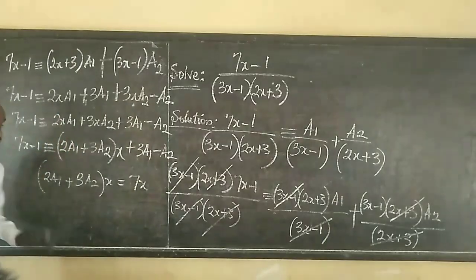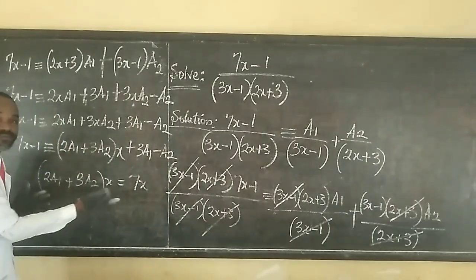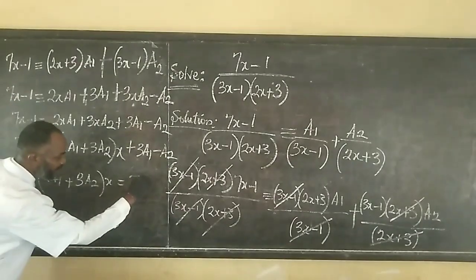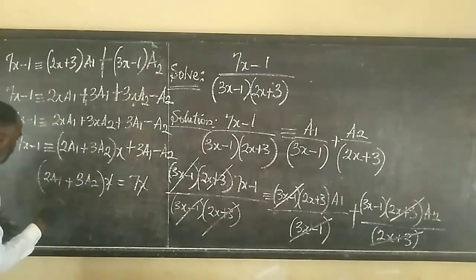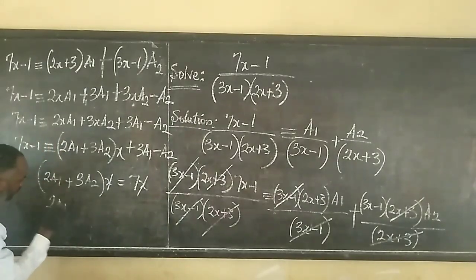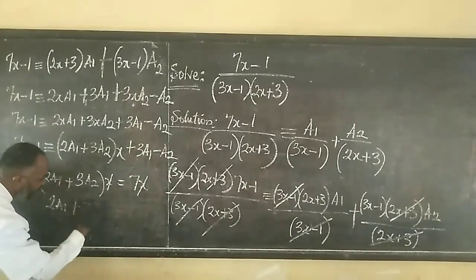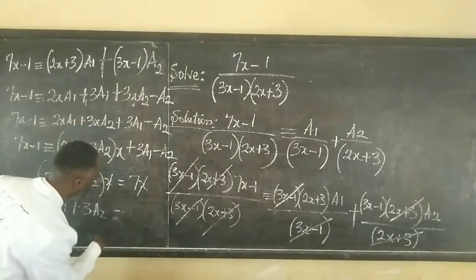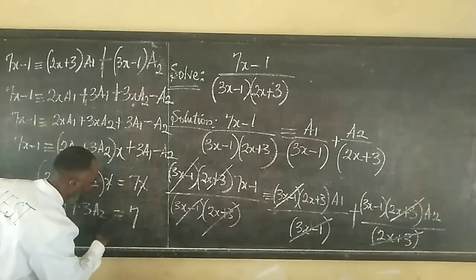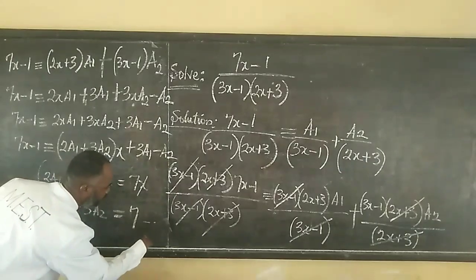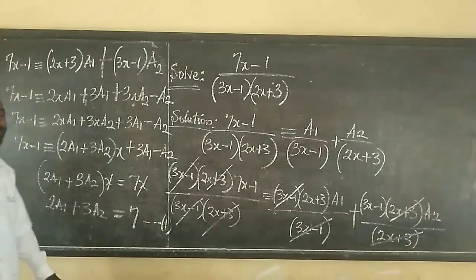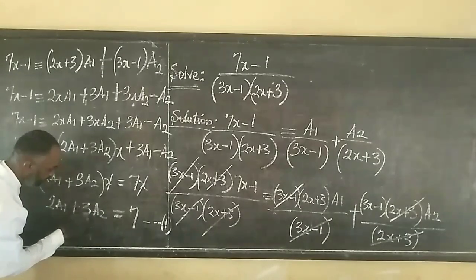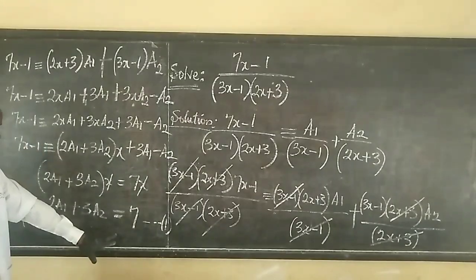Can you see? We are comparing coefficients now. So the x here, we cancel, and we are left with just 2a1 plus 3a2, all equal to 7. We can call this equation number 1. Interesting. All this long work, equation number 1.